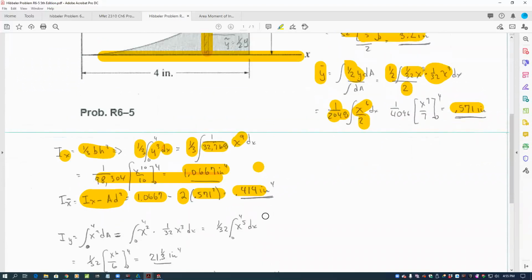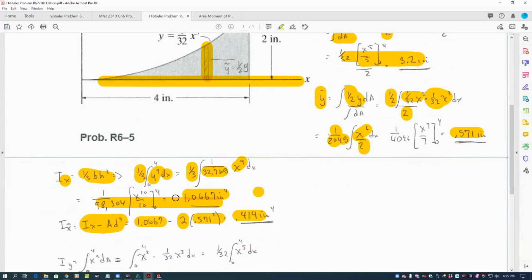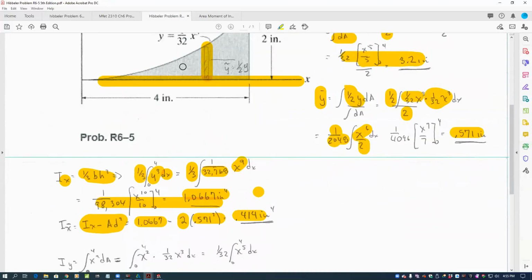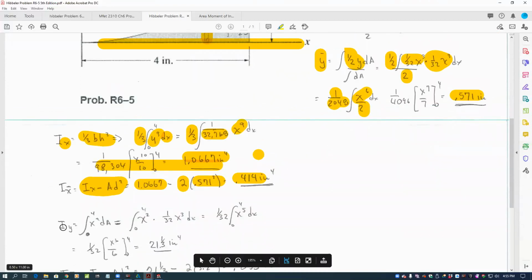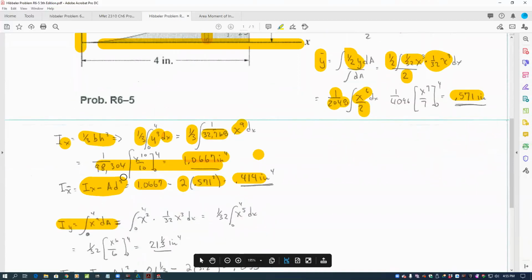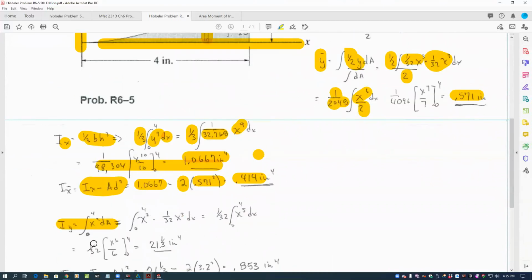Now with a vertical element, we can just say all of these particles of the element have the same distance to y, and so we can just use x squared dA. Just as in here, if we had a horizontal element, we could use y squared dA in calculating the area moment of inertia with respect to the y-axis. We just use x squared dA, and then we'll move it to the centroid with, again, the parallel axis theorem.